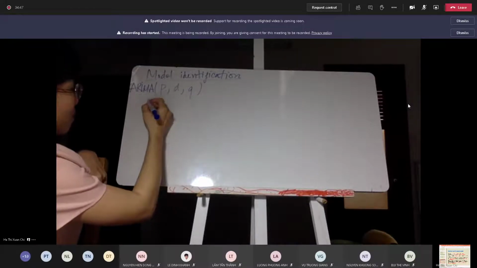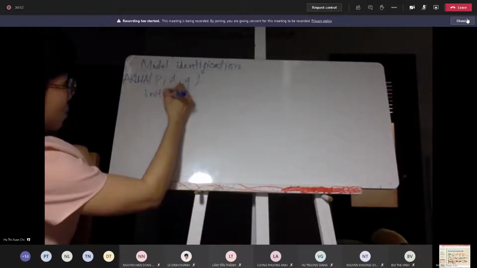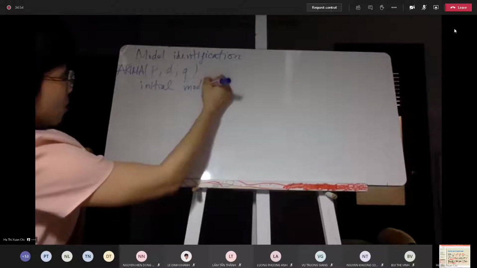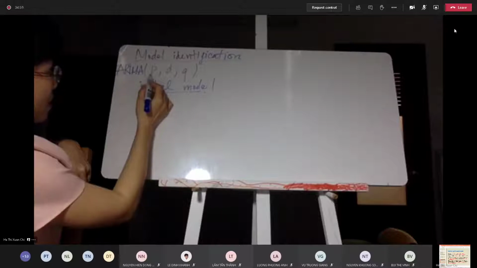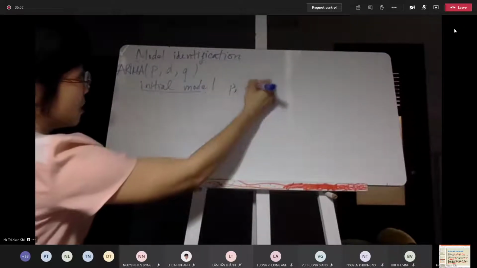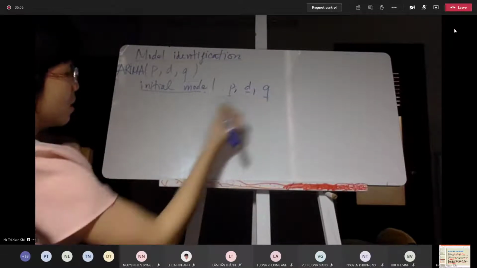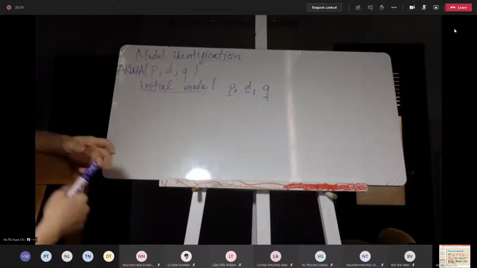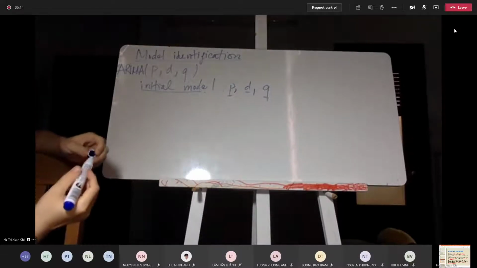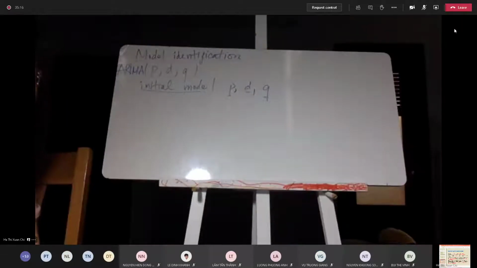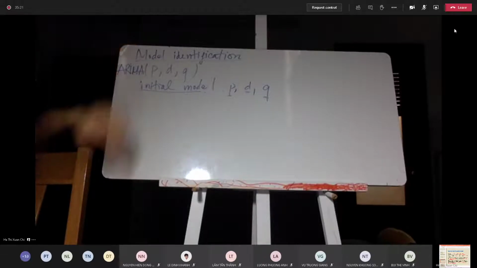First of all, we set initial model. For the initial model, we must define initial P, D, Q. After that, we adjust P, D, Q until we define the model can explain your time series data. That is the main purpose of model identification.